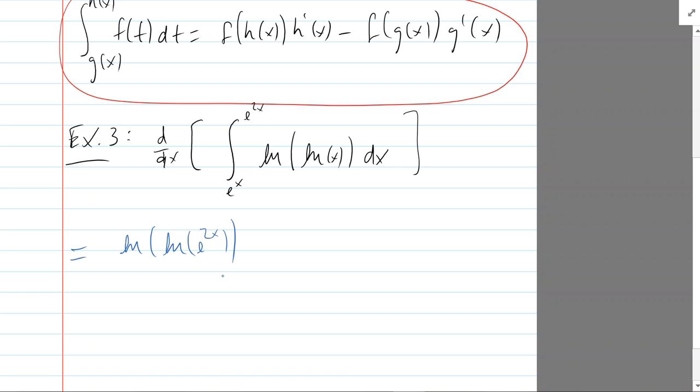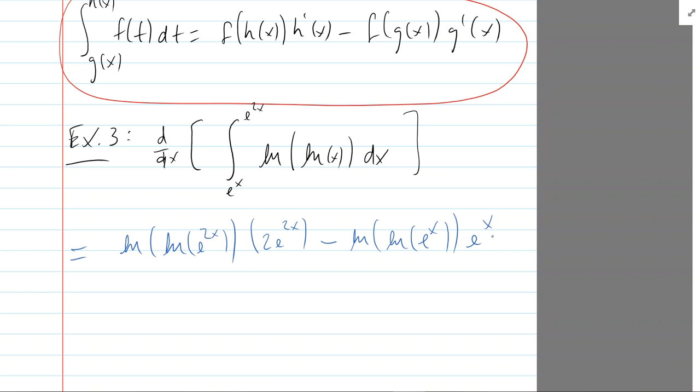And then I'm multiplying that by the derivative of e to the 2x. What's the derivative of e to the 2x? 2e to the 2x. All of that minus the natural log of e to the x times the derivative of e to the x, which is e to the x. OMG, was that simple or what? It really was simple.